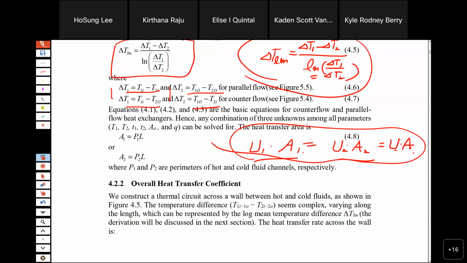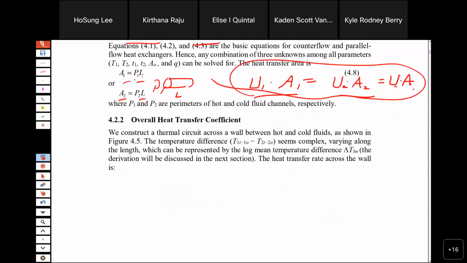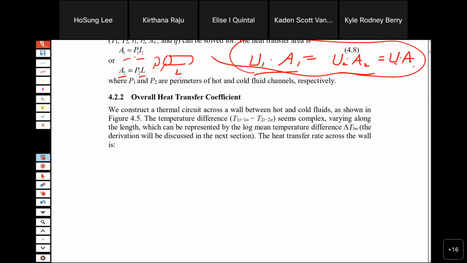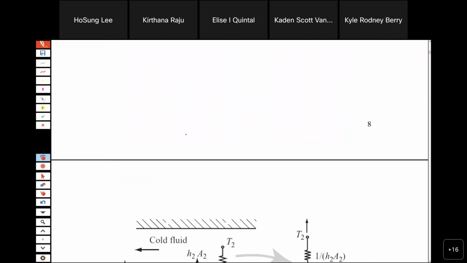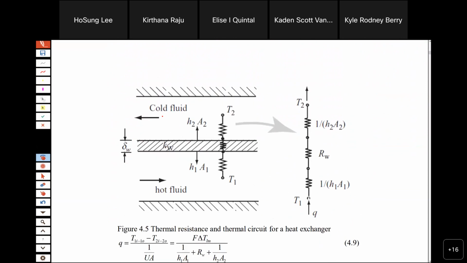Okay, so some analysis. A is the perimeter times length, you know. Now the overall heat transfer is something complicated. Look at that: fluid, cold, hot, two fluids, and there are walls, depending on the type of wall, plate or cylindrical, whatever.